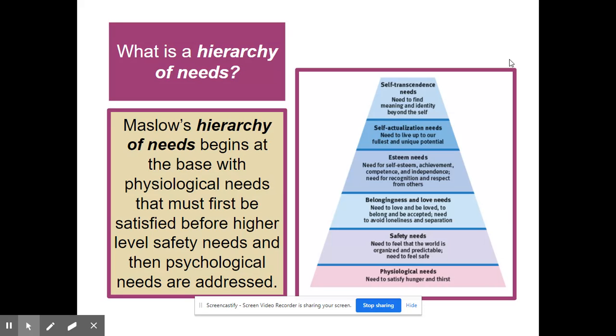Now, for the longest time, this was Maslow's highest level, to be our best self, to live to our fulfillment. This is our unique potential. This is where your teachers, your coaches, your parents see your capabilities, but you may not yet. Once you reach that, that is the pinnacle.